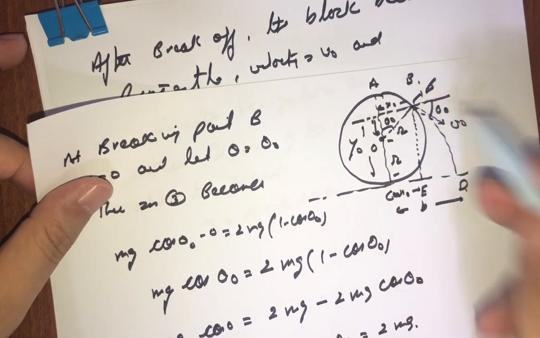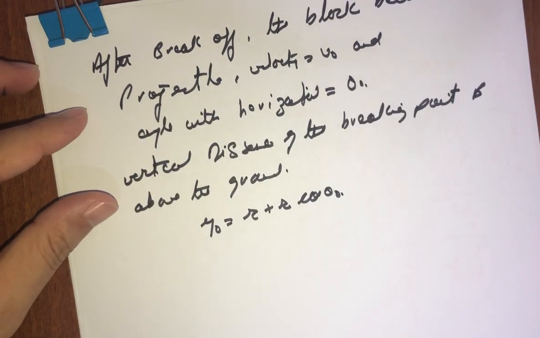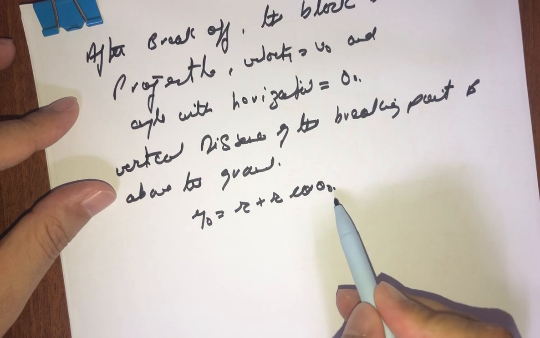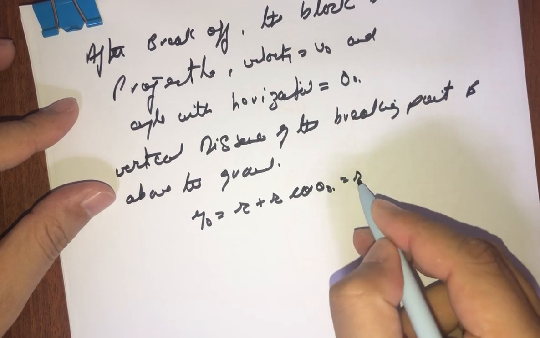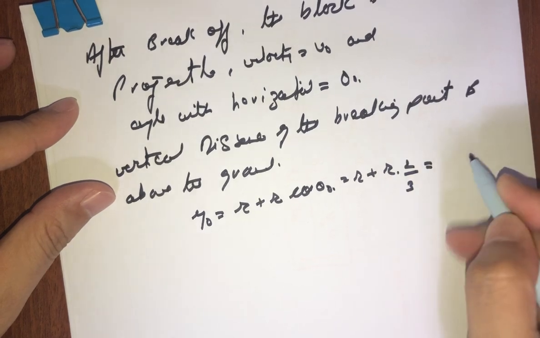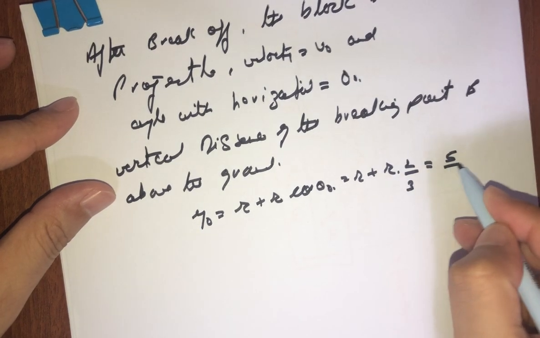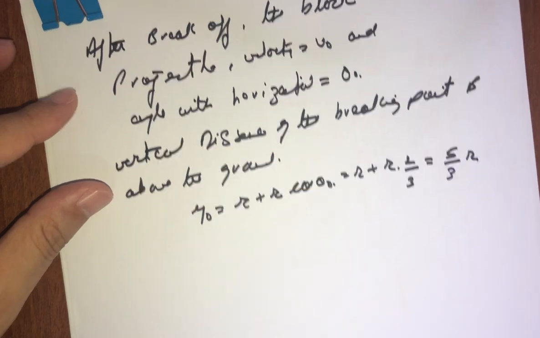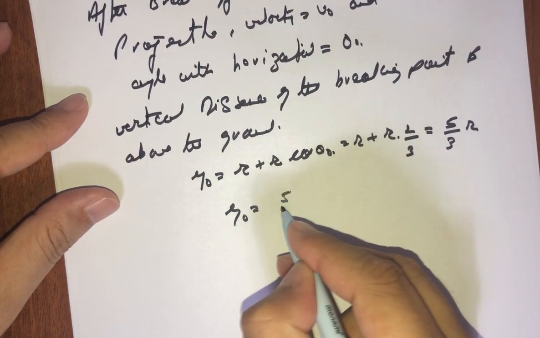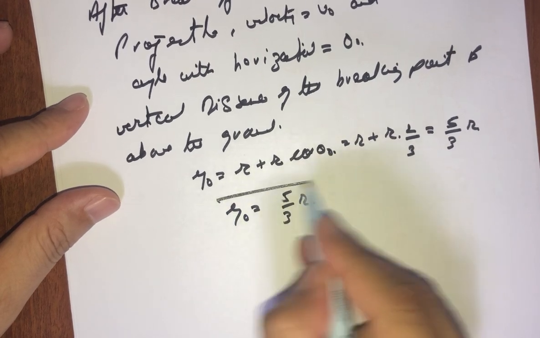So this will be equal to r cos of theta naught, and we already know the value of cos theta naught. We can write it here, r plus r multiplied by 2/3. This comes out as 5/3 r. We can say that y naught is equal to 5/3 r.